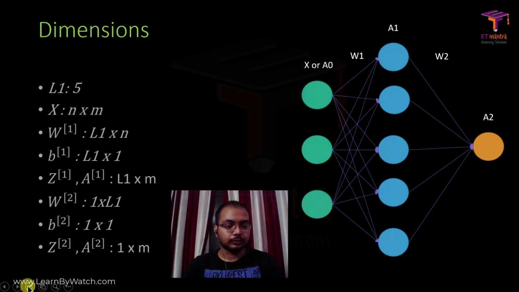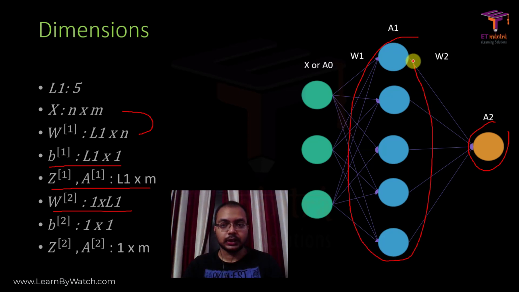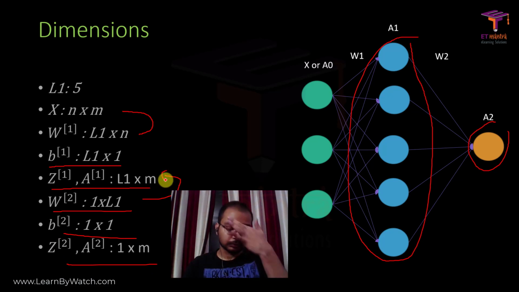Next we had seen the size of b1. Similarly we found Z1 by doing omega cross x. Then we found omega 2 by looking at this layer and this layer size. Then we found b2 and also Z2 by multiplying these two.